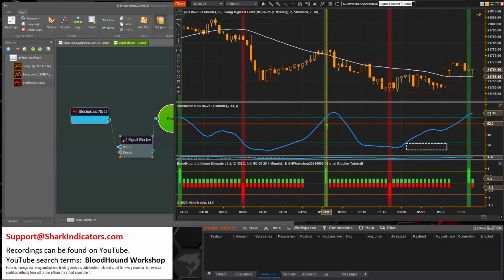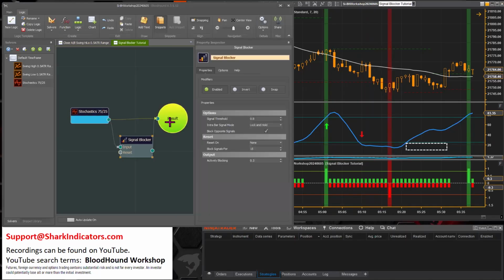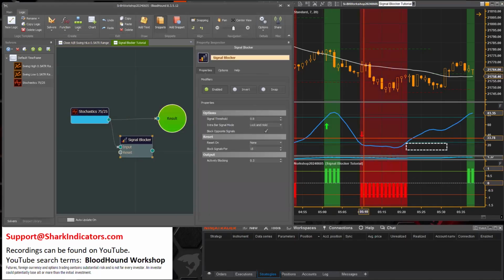We know we have a long signal there, and we would expect to see a short signal right there. Let me make sure I got this on the right bar. Yeah, right there, because the stochastics went oversold. So if we look at our signals, yeah, there we go.